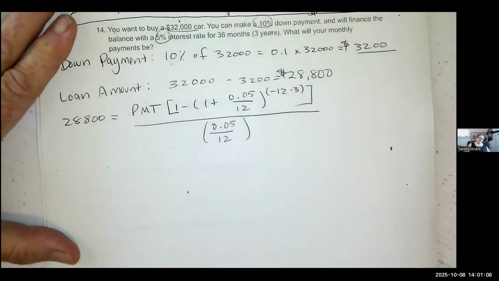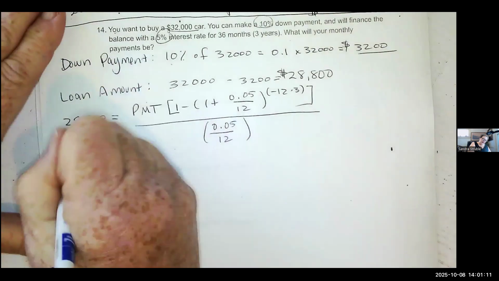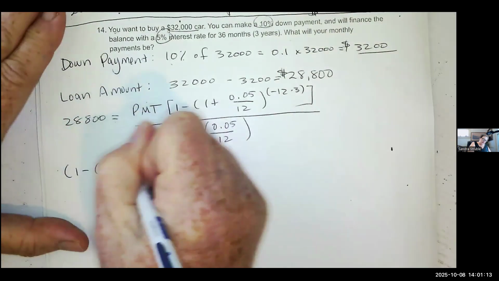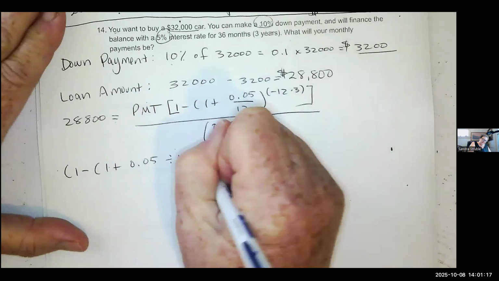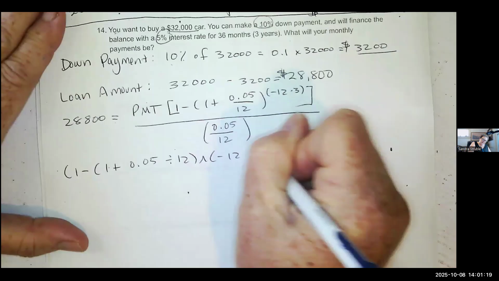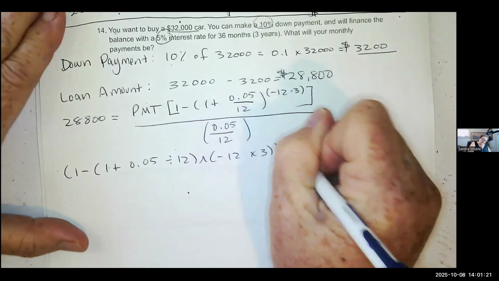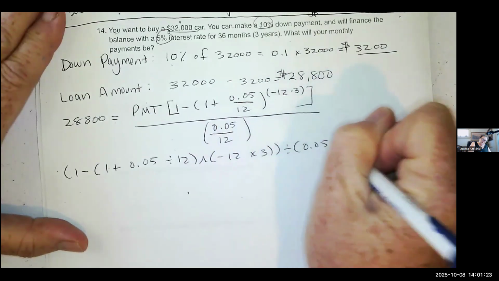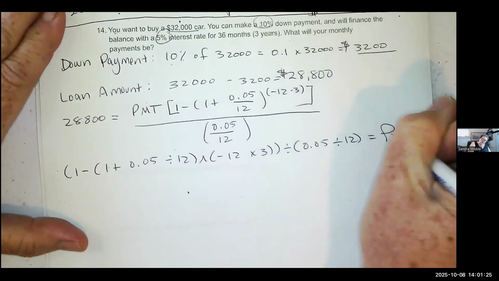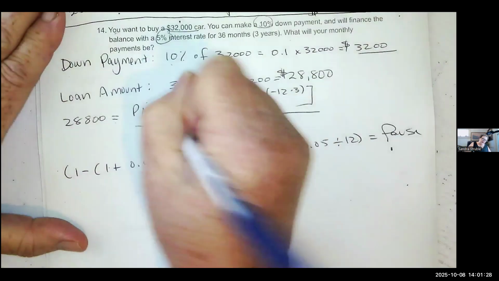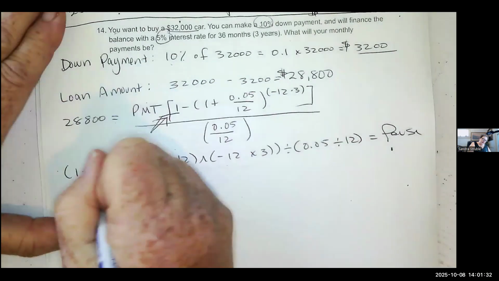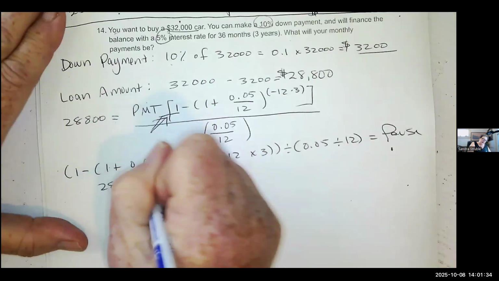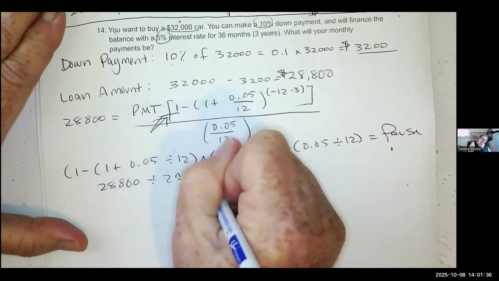All right. Let's put it in the calculator. 1 minus 1 plus 0. All right, so I start right there. But then we have to put in 28,800 divided by second, answer equals.